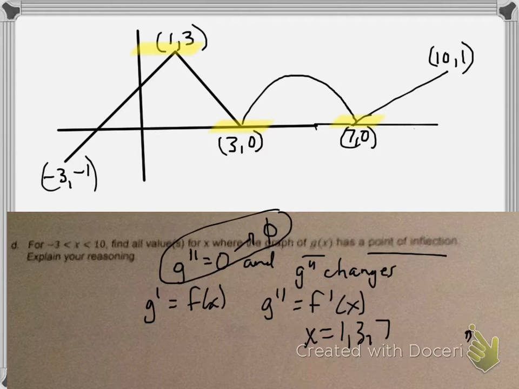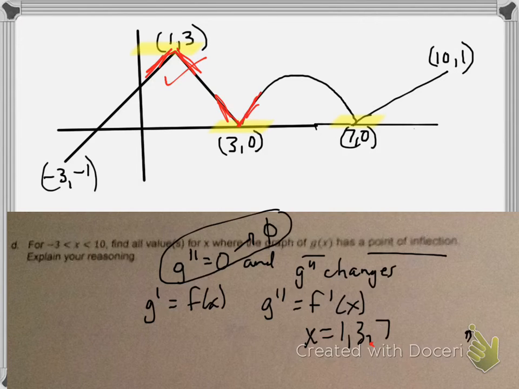Does the slope change signs? So the slope of our graph, does it change signs? Well, at 1, the slope is positive, then undefined, then negative, so that's an inflection point.